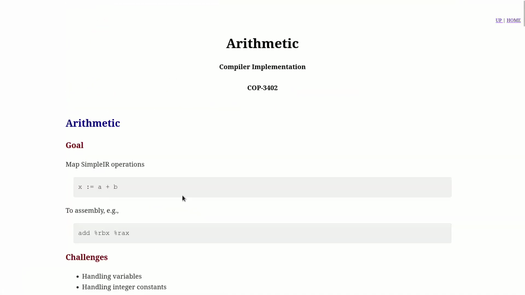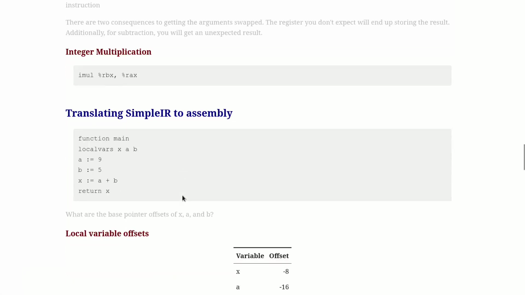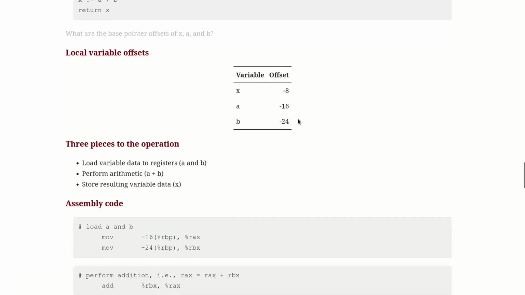I had this somewhere. Yeah, in the compiler, you keep a table that maps the name of the variable to an offset from RBP. And that's how variables are translated to assembly, to locations in the stack frame.